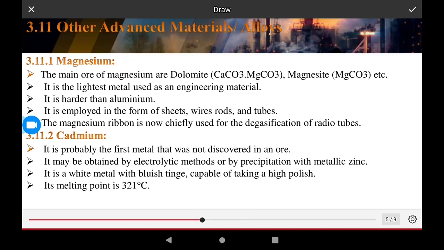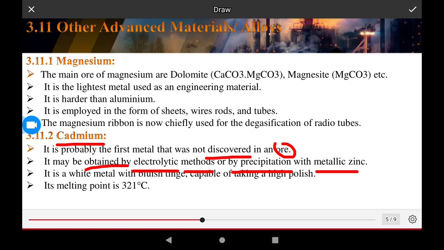Cadmium. It is probably the first metal that was not discovered in an ore. It may be obtained by electrolytic methods or by precipitation with metallic zinc.